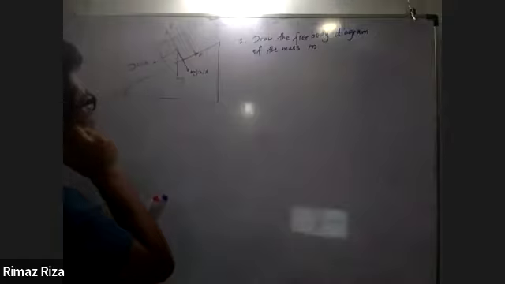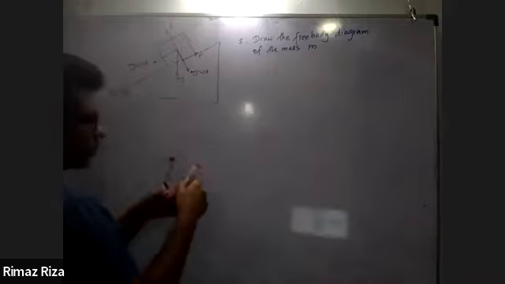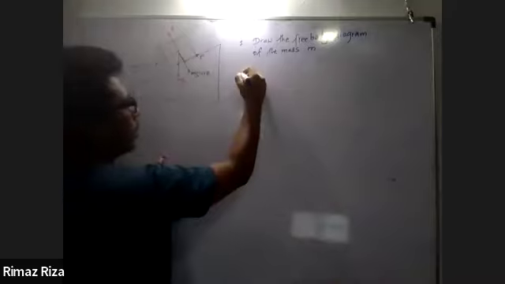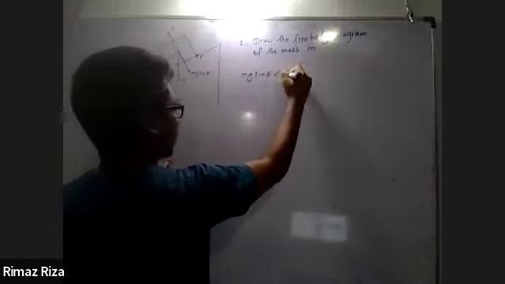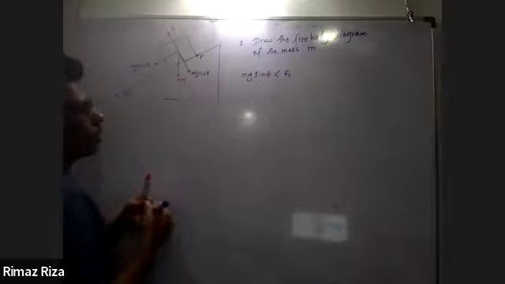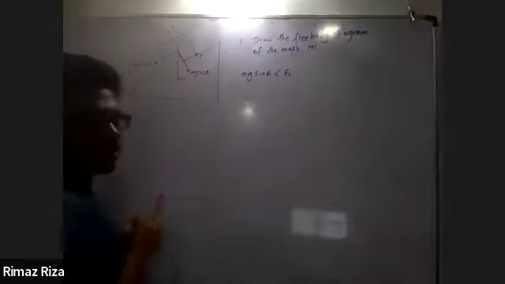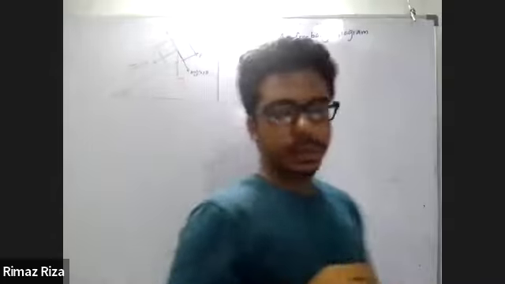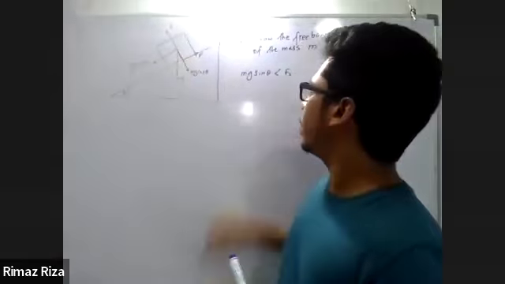So first, let's assume this mg sin theta is less than the Fs. Okay, so that means the object is now balanced. It's not moving, right? So an equal and opposite friction force will be there.